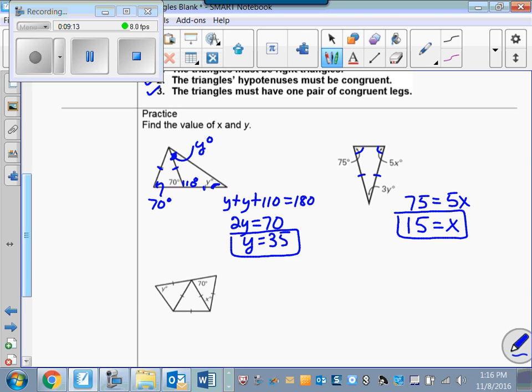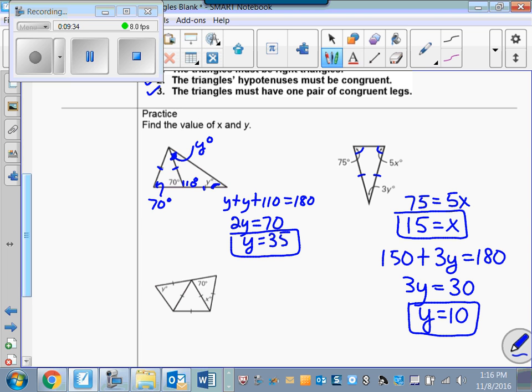So if each of my base angles is 75, then the sum of those together is 150. So I got 150 plus 3y has to be 180, right? Triangle angle sum theorem. So 3y is 30. So that's going to tell me that y equals 10 for that triangle right there.